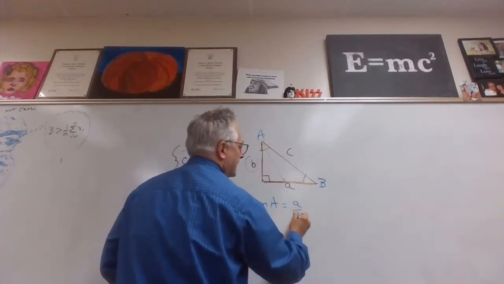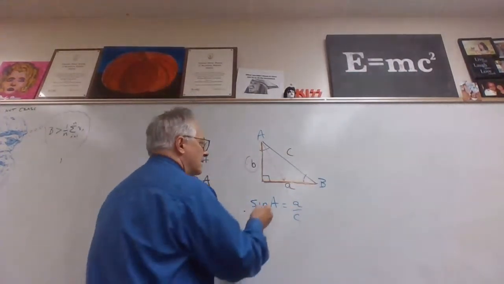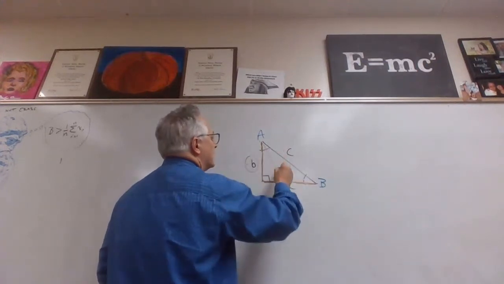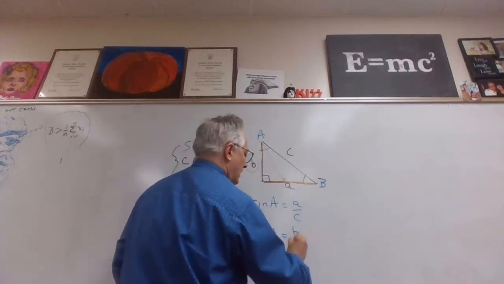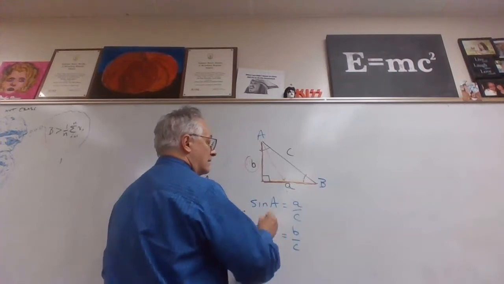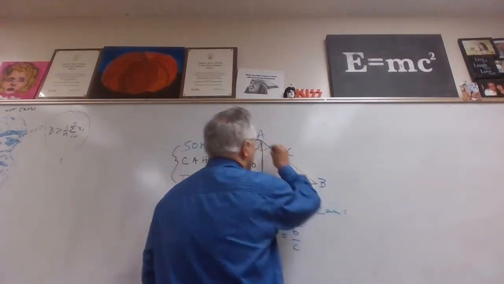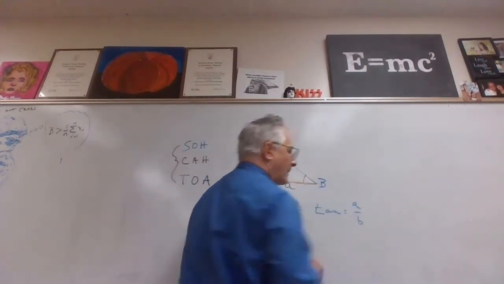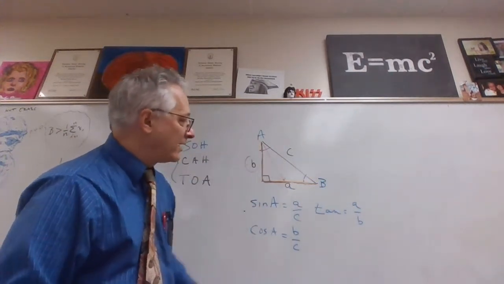So in that case, it's going to be whatever the length of A is divided by the length of C. The cosine of A is going to be the adjacent over the hypotenuse. And the tangent is going to be opposite over adjacent, A over B. So we have those relationships for that angle.